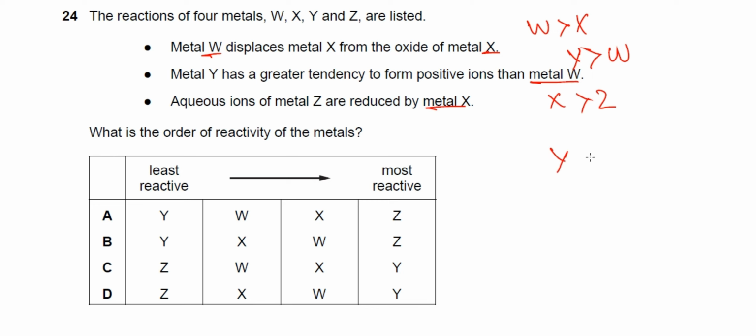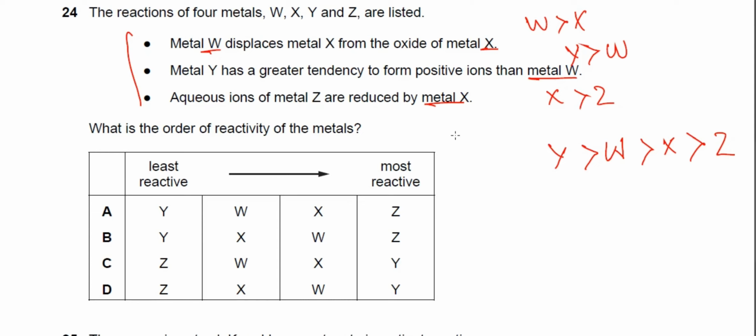So Y, then W, then X, and at last Z. So we have to find which one is least reactive, and at the end it should be most reactive, starting from the least going towards the most.